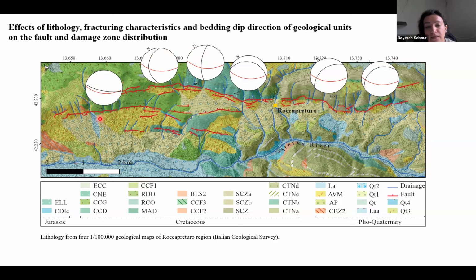So maybe this geometry can affect this distribution too, but this is just based on the data that we extract from the geological map. So more data and more field survey are necessary so that we become sure about this effect.